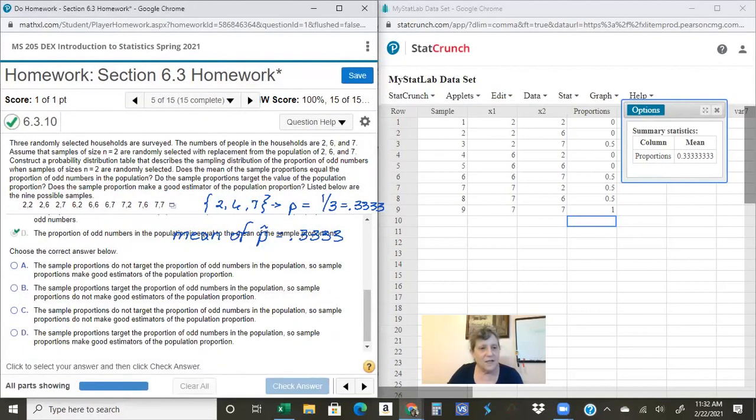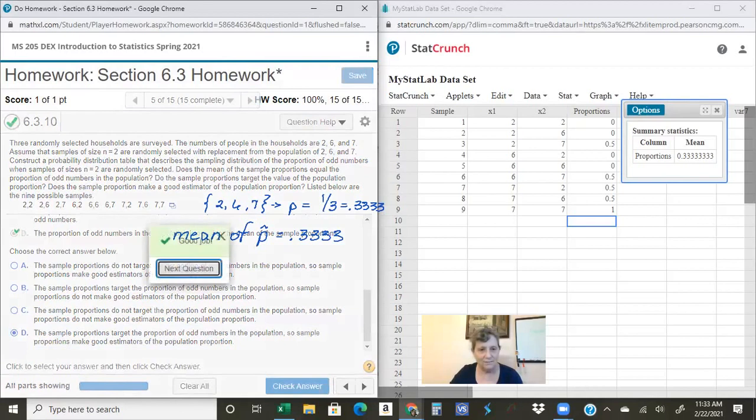The sample proportions target the proportion of odd numbers in the population. So sample proportions make good estimators of the population proportion. Good job. So this isn't that bad.